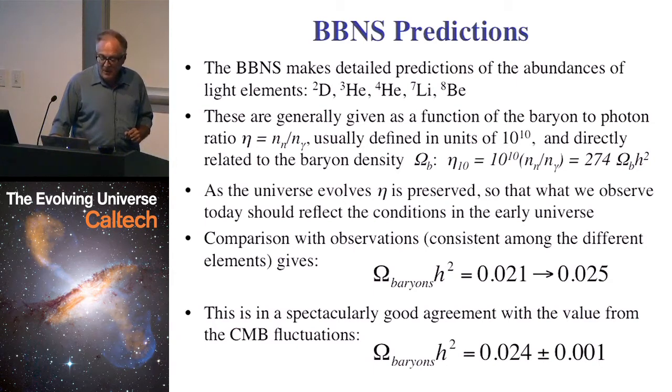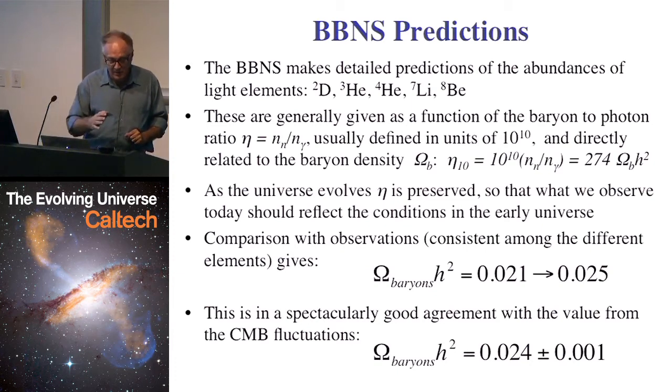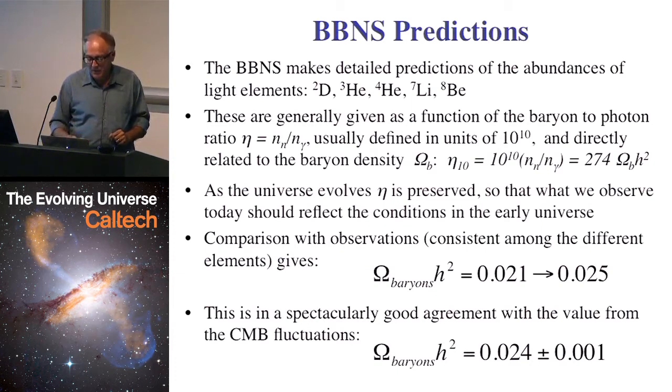Amazingly enough, it's exactly the same value that's obtained from a completely different way of measuring it from microwave background fluctuations, which is atomic physics at a much later time. And the fact that 2 different measurements from 2 different kinds of physics agree so well convinced everybody that this is really the case.